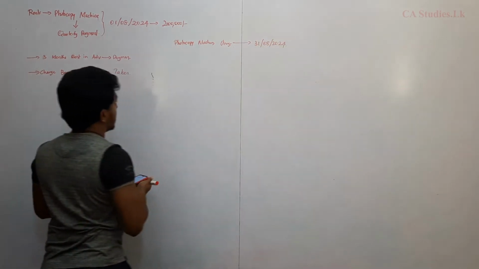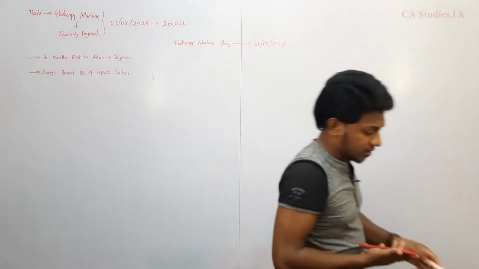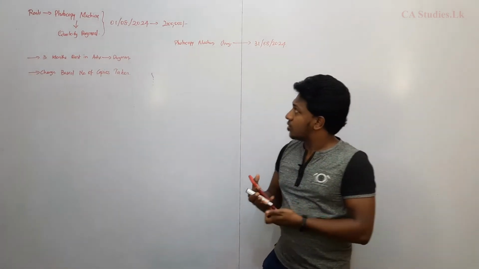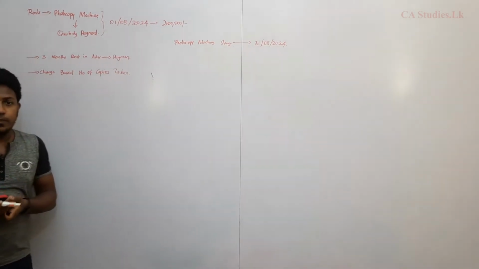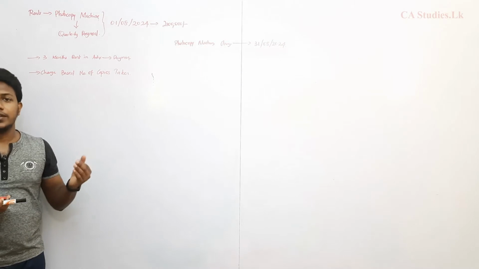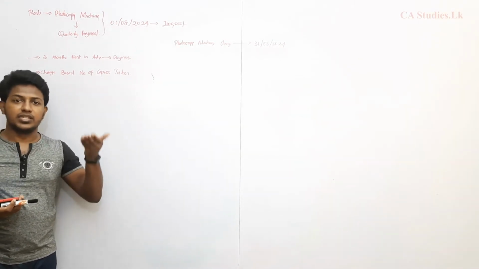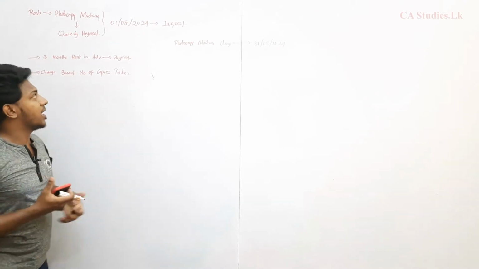So we have paid a rent in advance. On the day of rent payment on 1st August, we pay cash. So cash will reduce. Cash is an asset. So when cash increases, debit cash. When cash reduces, credit cash.